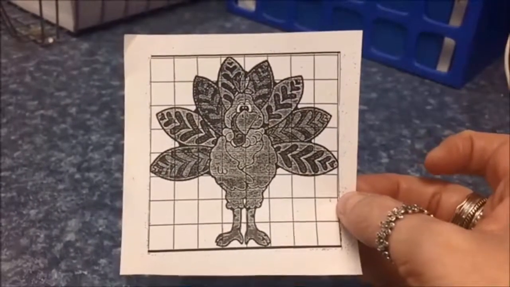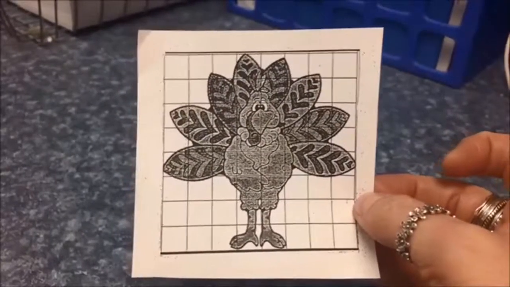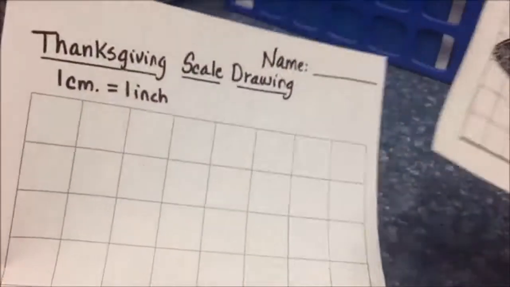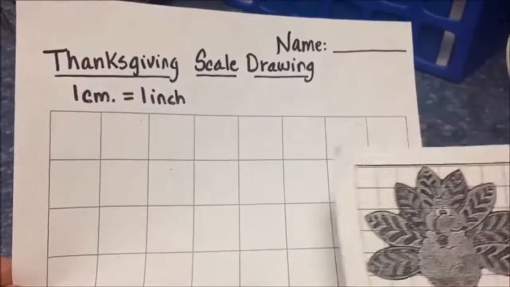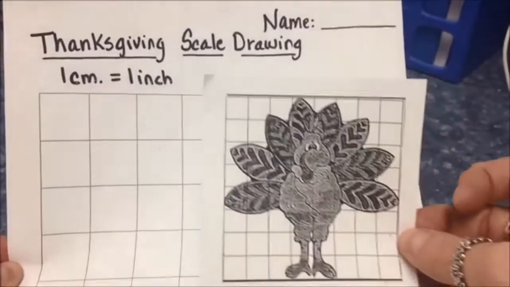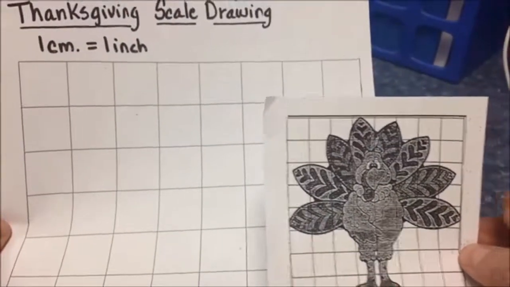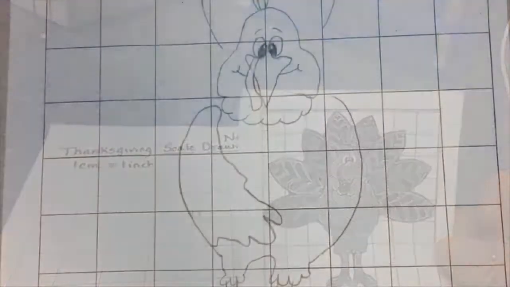When I modify this activity for students, I also go ahead and set the scale for them. In this case, I'm providing them with a blank sheet of paper, and the scale that we're going to be using is a 1 centimeter to 1 inch ratio. Students will then take the turkey and create this turkey on the blank sheet of paper at a larger scale.